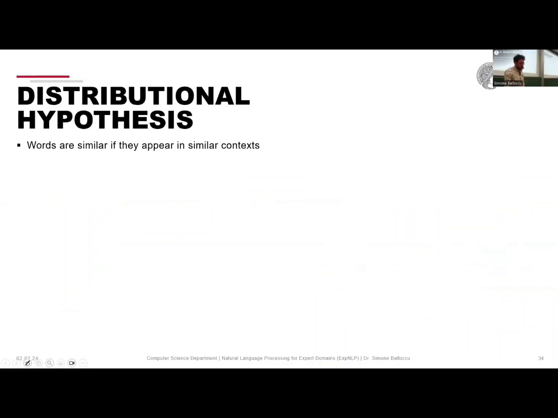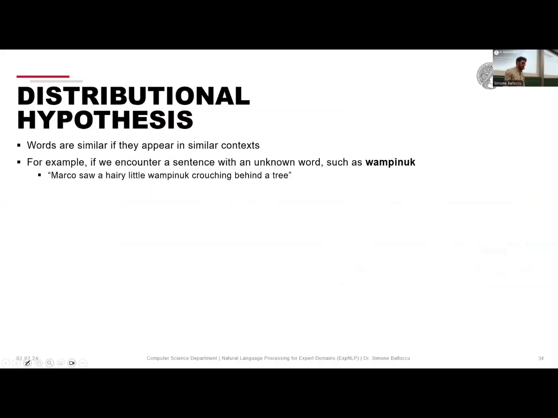First, the distributional hypothesis. Words are similar if they appear in similar contexts, right? Which is similar to the other very famous statement, you shall know a word by the company it keeps. So, for example, let's say you see a sentence with an unknown word like the Wampanoag: Marco saw a very little Wampanoag crouching behind the tree. What's a Wampanoag, without ever having seen the word?